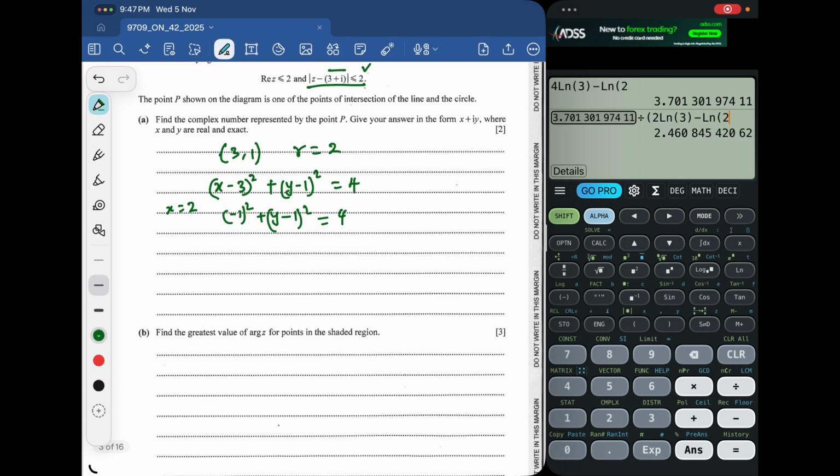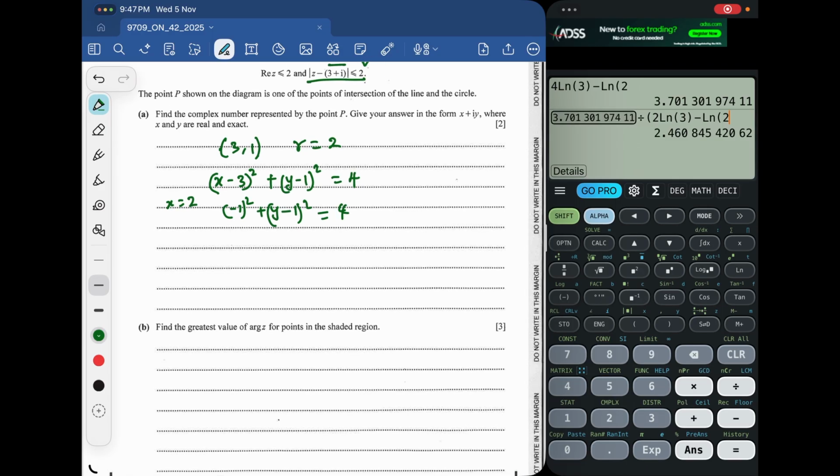So from here, you can just solve that to give me (y minus 1) squared is equal to 3. So y is equal to plus or minus square root of 3, plus 1. I hope that makes sense. So because my y is down, I need minus square root 3 plus 1.